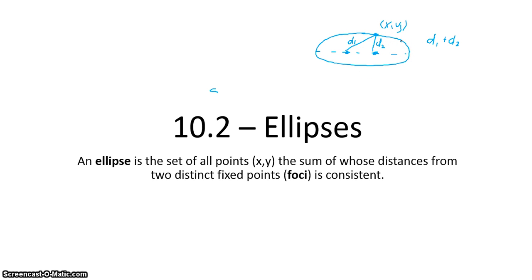Looking at our ellipses, one way to have them is going horizontally. In this case, on these ends, we have our vertices. So this is a vertex, as is this. The top and bottom of my ellipse are called my co-vertices.